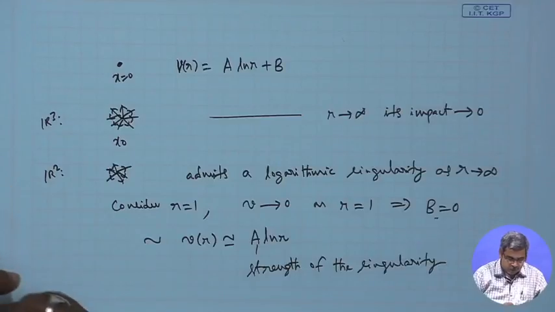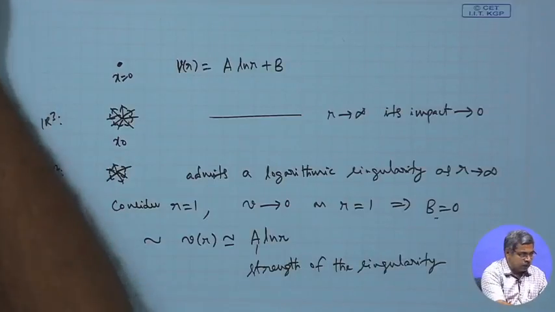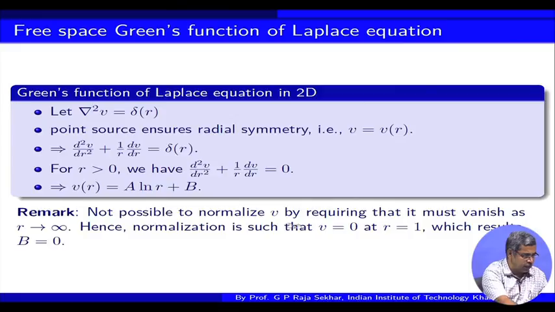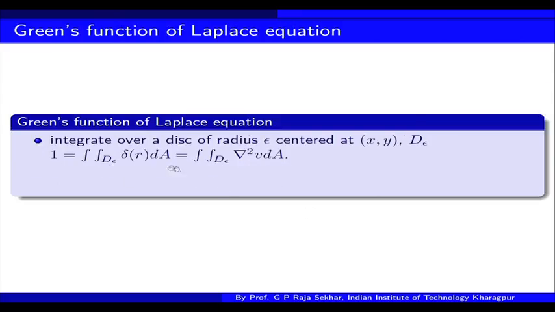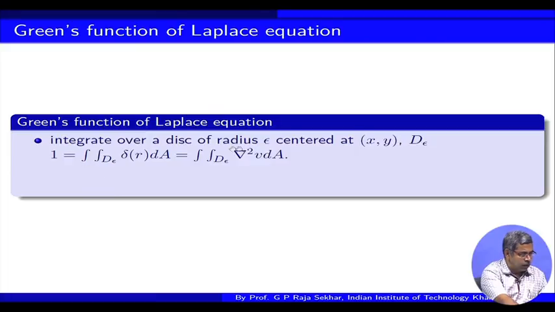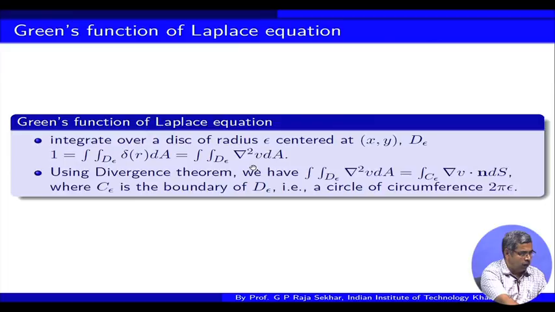Okay. So, how one can determine A? So, this I have already indicated, we go for r equals to 1 and then we normalize. So, how to determine the strength? So, you consider a disk of radius epsilon centered at this point. Okay. Then if you consider this, by virtue of the delta property, that is 1, and by virtue of the corresponding fundamental solution, that is a Laplacian. Okay. Now, we use Gauss divergence theorem.